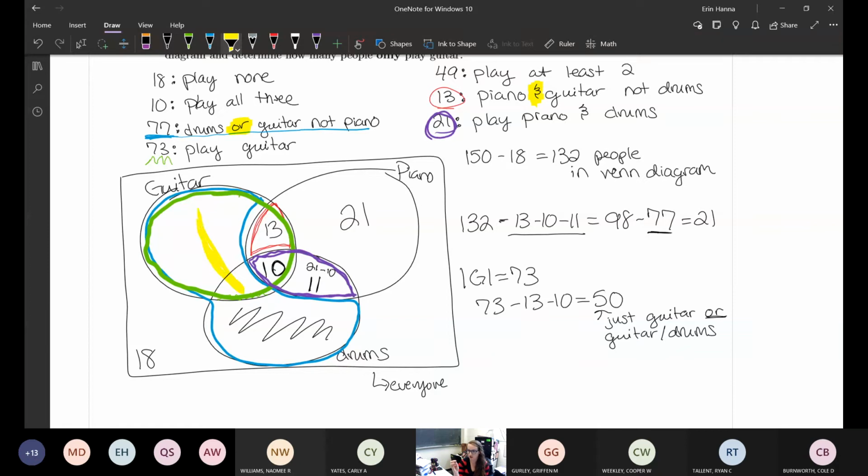There are 50 in either guitar or guitar and drums. So if we take the total amount of people in this Venn diagram, minus all of the piano and the multiple pieces, minus the 50 people who must be either just guitar or guitar and drums, that leaves us with 27 people who only play drums. Does that make sense? Or have I lost people in the sauce?